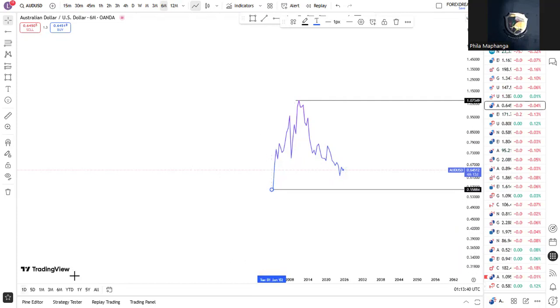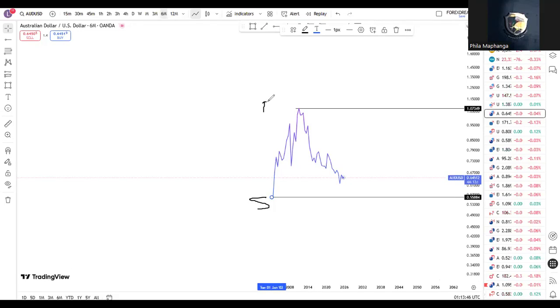If you know support and resistance, you can see that this is our support, this is our resistance. The market is coming from the support. It is going where? It went up to the resistance. So now the market is coming from the resistance, and where is the market headed?